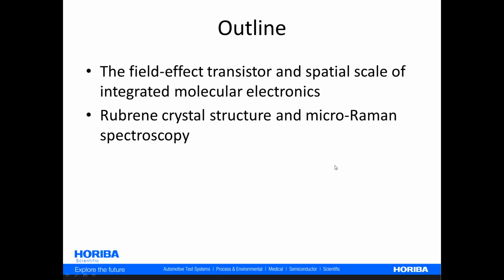And then I'll give you an example with rubrene, which is a material, along with pentacene, that is commonly used these days by many scientists to try to fabricate integrated electronic circuitry with organic compounds.